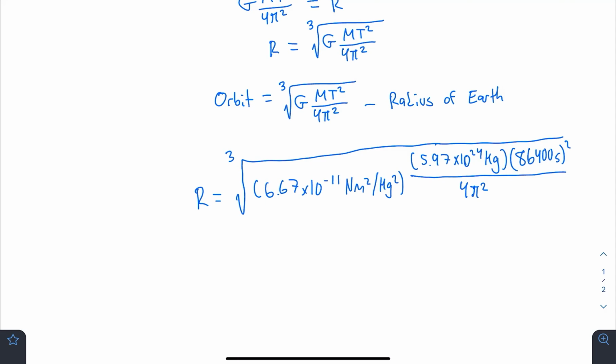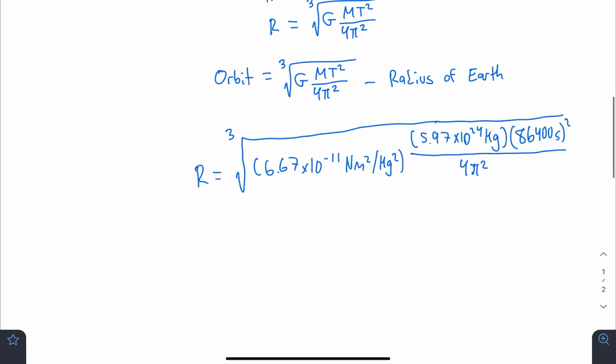And so obviously you would not be expected to remember those numbers or do that quick math to convert hours into seconds in your head. Nor would you be expected to do all these calculations out. However, we get that the radius of the Earth is about 6.371 times 10 to the 6th meters.